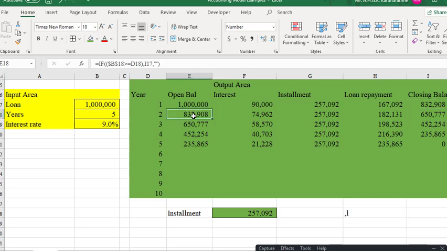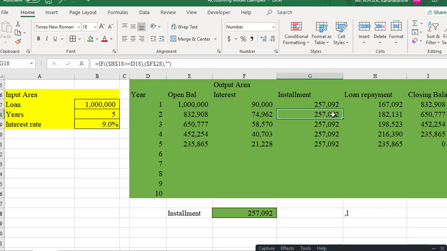So that is the loan balance for the next year's beginning: 832,908. One year later, you are going to pay the loan installment. For that year, the bank charges interest at 9%. For the second year, the loan interest is this much, and in the second year you also pay the same installment. Usually we pay the same, fixed installment during the agreed period.